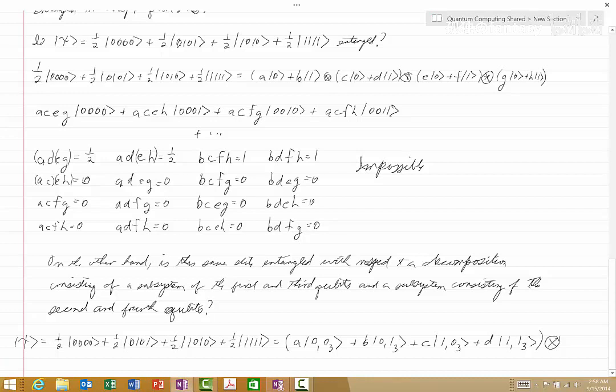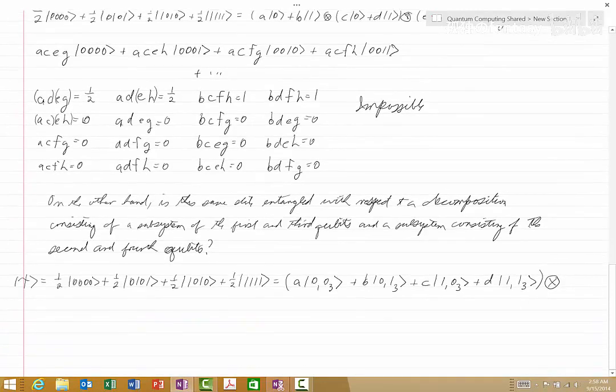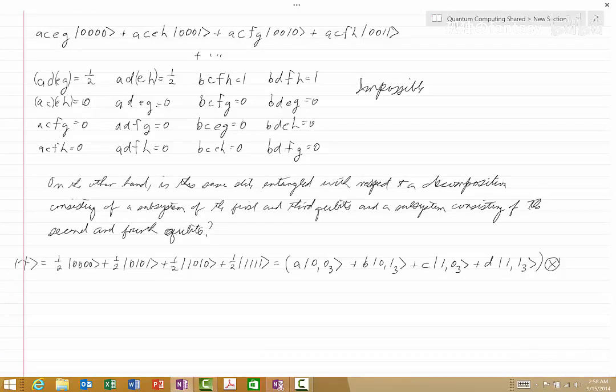This is a basis for the second. This is a basis for the third. This is a basis for the fourth, because we were decomposing this into four 1-qubit systems. But here we're decomposing, or trying to decompose, into two 2-qubit systems. So for the 2-qubit system consisting of the first and third qubits, this will be the basis.